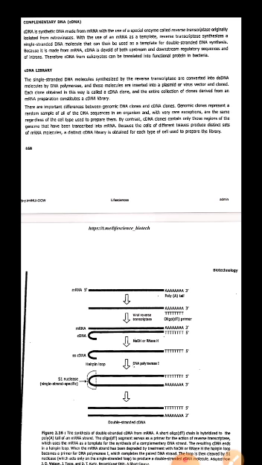This reverse transcriptase we isolate from retroviruses. With the use of mRNA as a template, reverse transcriptase synthesizes a single stranded DNA molecule, which is used as a template for double stranded DNA synthesis.